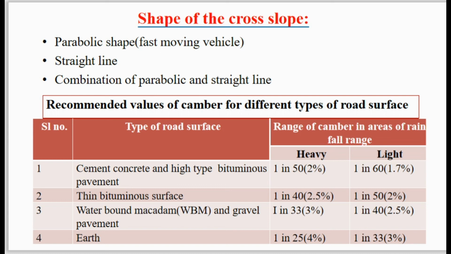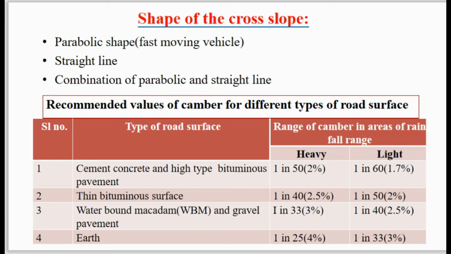If you just observe here, as the type of pavement or the road surface is provided, depending upon the materials used and the construction methodology, there is a change in the provision of the camber or the cross slope.